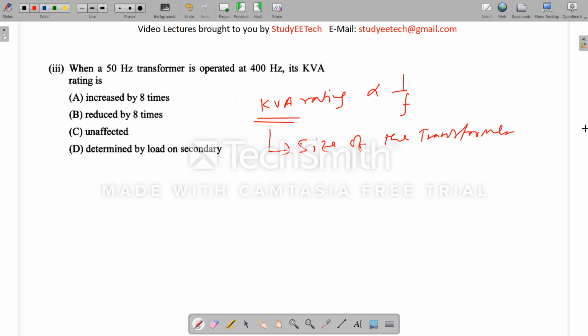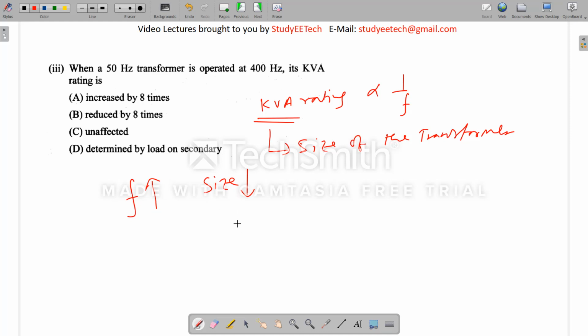As we increase the frequency, the size will decrease. That's why in aircraft we use high frequency, so the size will be lesser. Communication people also use higher frequency, so the size will be lesser.